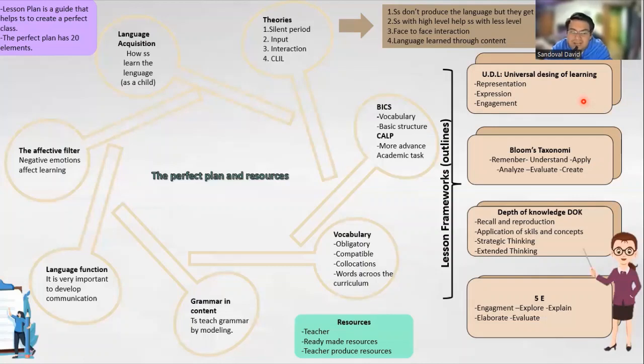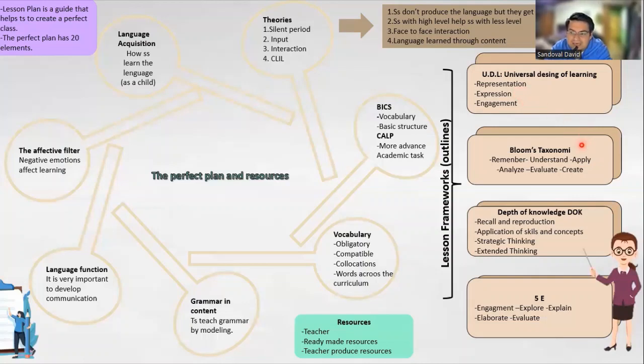The first is challenge and achieve. The second is remove barriers, and the number 3 is strengths, students' strengths. We have different stages about this Universal Design for Learning. The number 1 is representation, the number 2 is expression, and the number 3 is engagement.